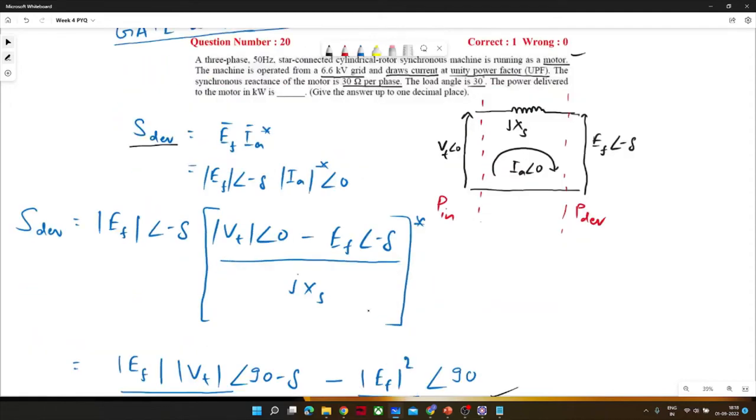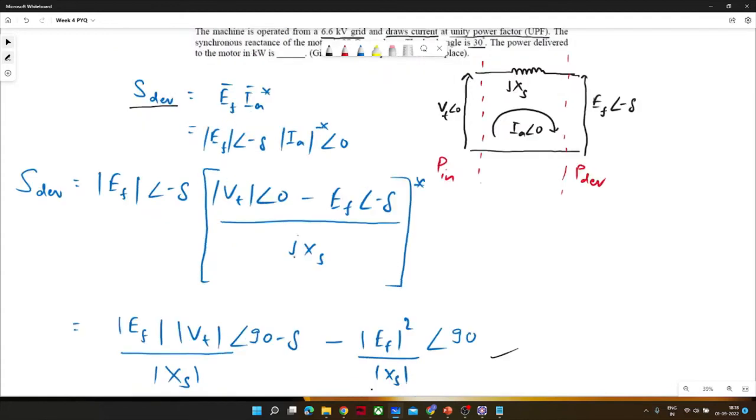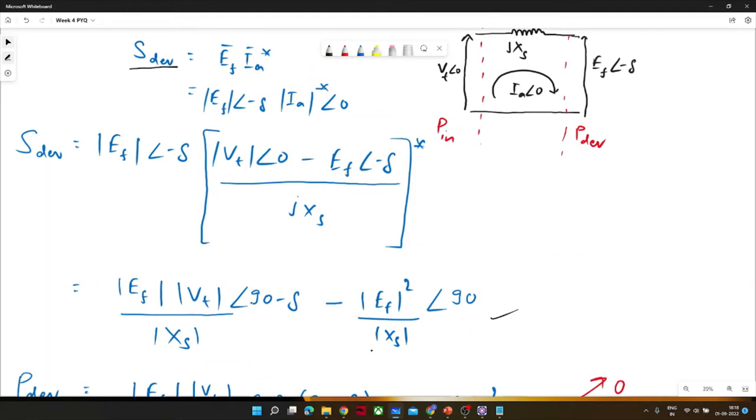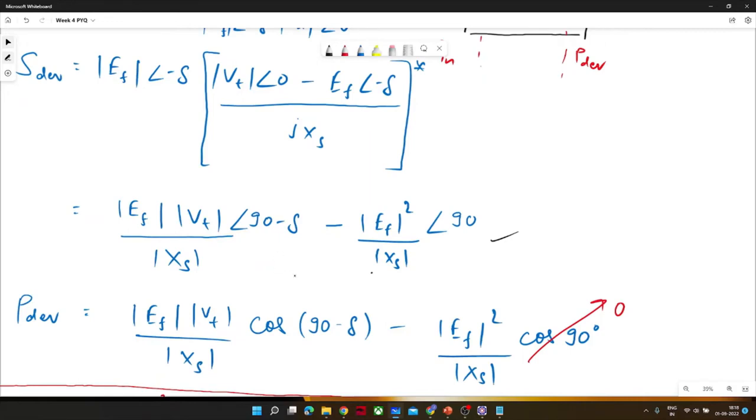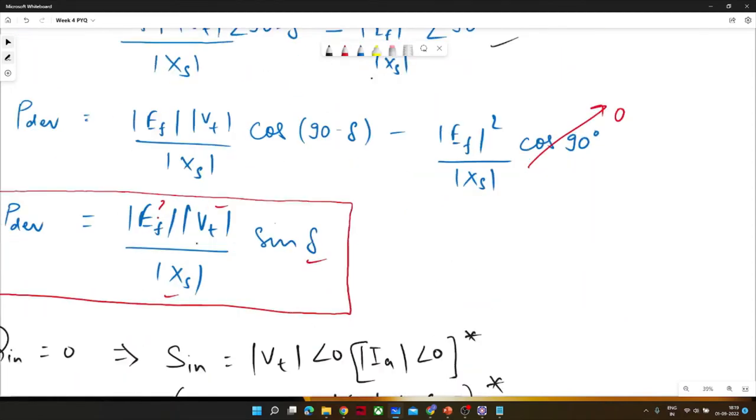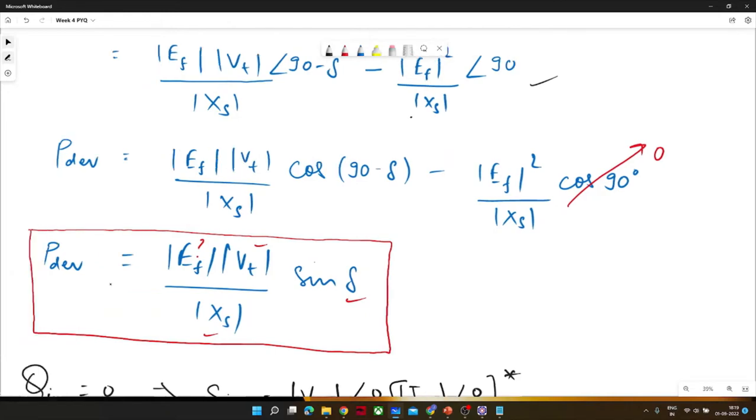I substituted all the values and after some mathematical juggling reached this expression in phasor form. If we break it into two components, cos 90 would be 0, and cos (90 minus delta) would be sin delta. So this is the famous formula of power developed, EF Vt by Xs sin delta.